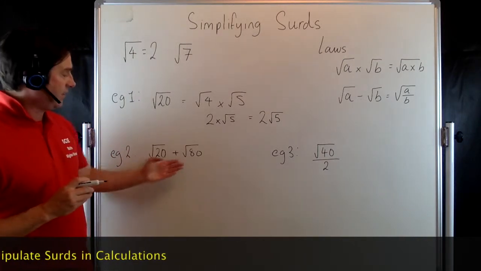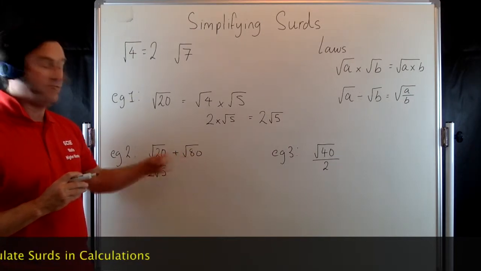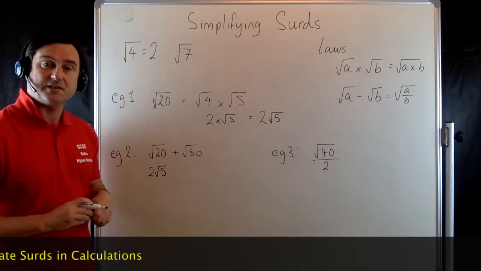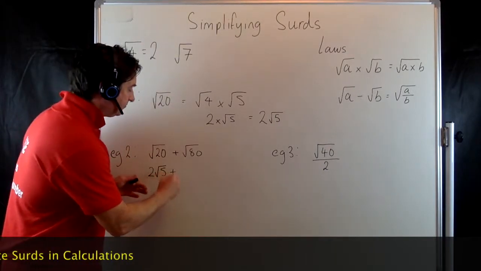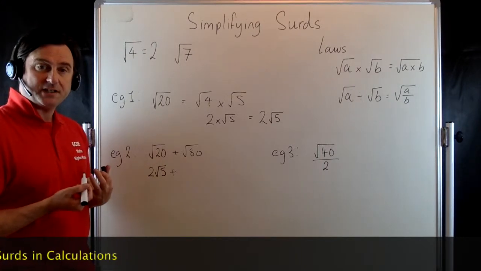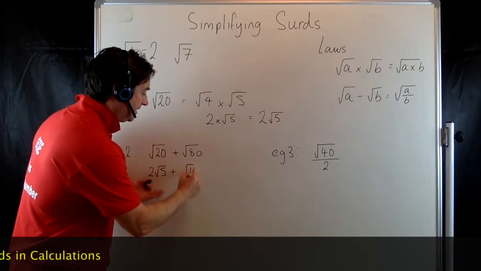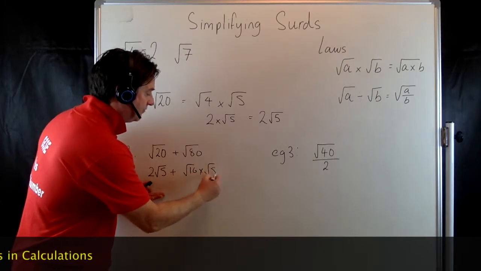So if we can find two numbers, one of which is root 5, to simplify root 80, we can group them together. So I know that if I times 5 by 16, I get 80. So I can simplify this to root 16 times root 5.